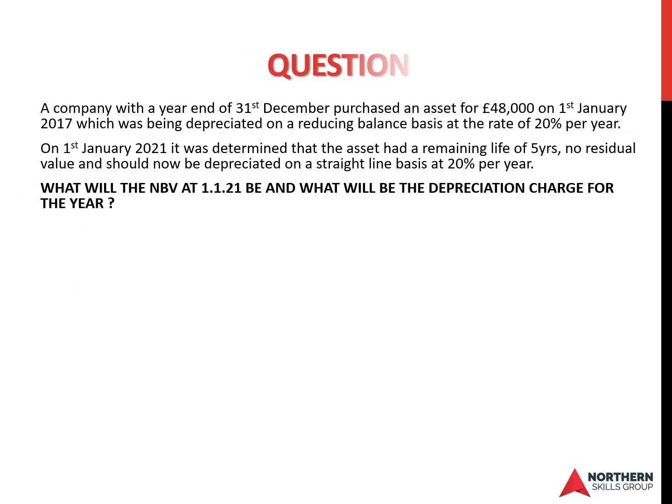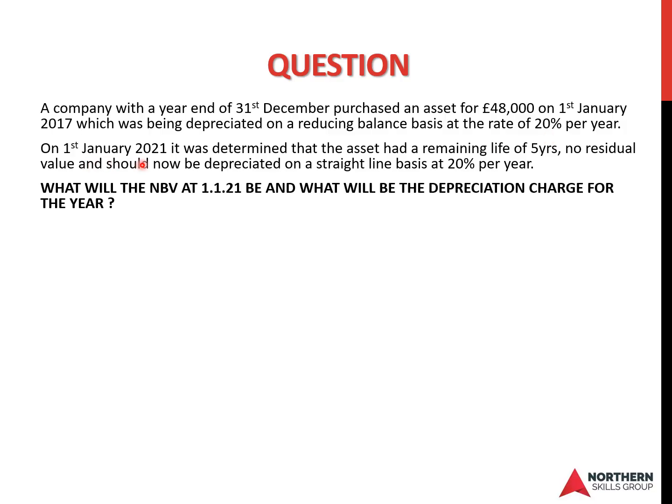Here's a question then for you to have a go at, just to make sure you're clear about those depreciation adjustments. Here we've got a company with a year end 31st of December. On the 1st of January 2017, it purchased an asset for £48,000, and this was being depreciated on a reducing balance basis at the rate of 20% per year.